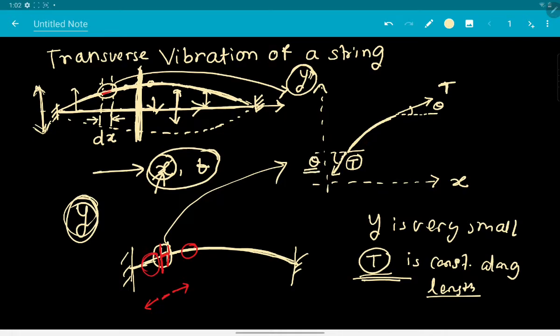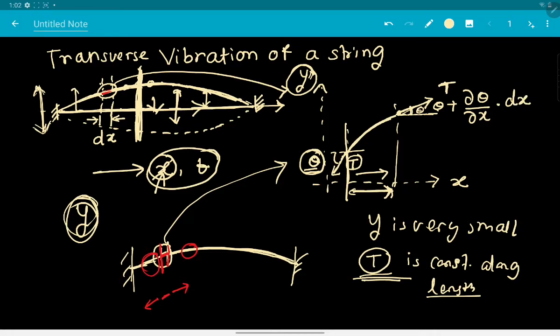This is theta over here, and what will be the angle over here? It will be theta, what you have measured over here, plus some increment because you have marched along the x-axis. So this angle, theta dash, whatever you call it, will be what you have seen at this reference location, plus some additional angle that comes because you have marched along the x-axis, and I'll write it as del theta by del x times dx.